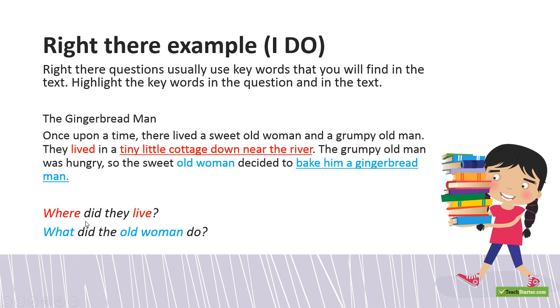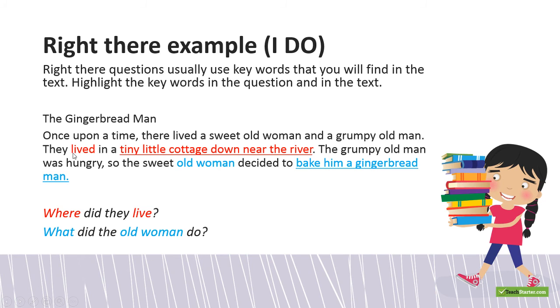The next one. What did the old woman do? Our keywords in this question are what and old woman. Your child continues to read and finds these keywords in the text. The grumpy old man. Old woman? No, continue reading.